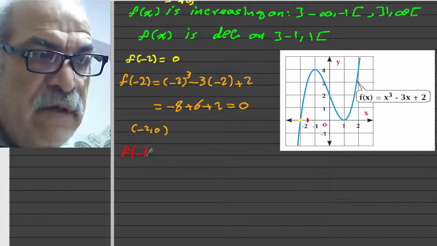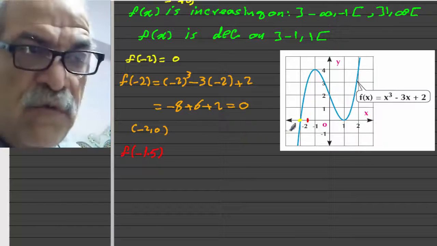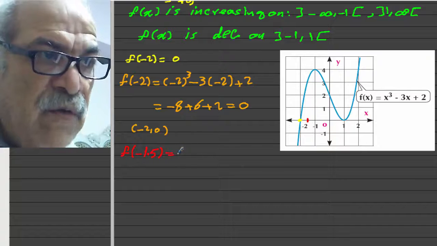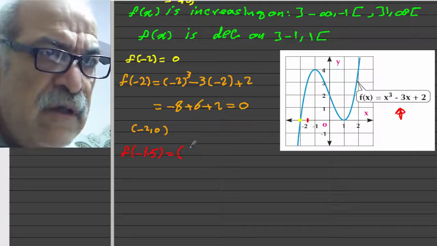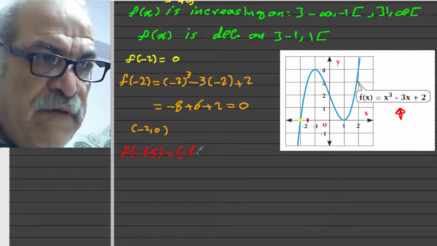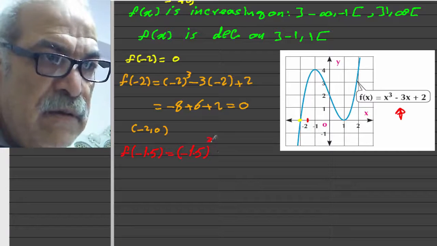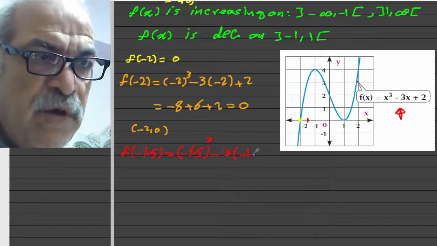Its point lies between -2 and -1. Again, I'll substitute in this function: negative 1.5 to the power 3 minus 3 multiplied by negative 1.5 plus 2.